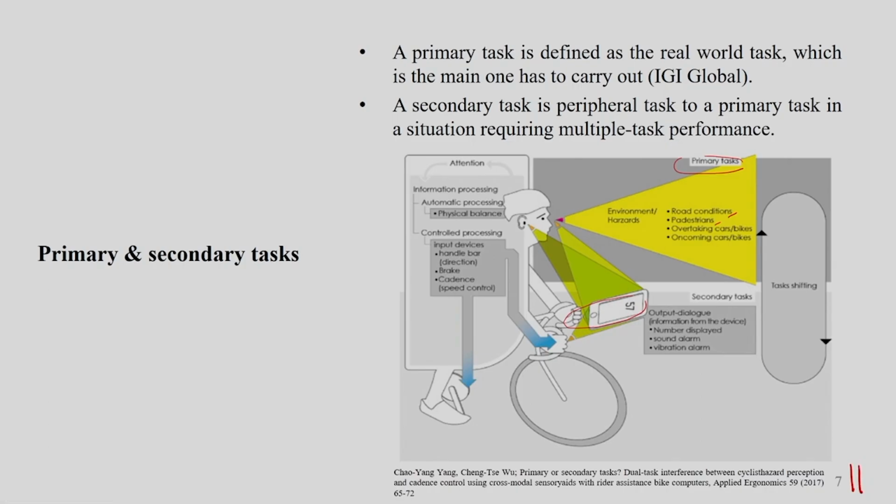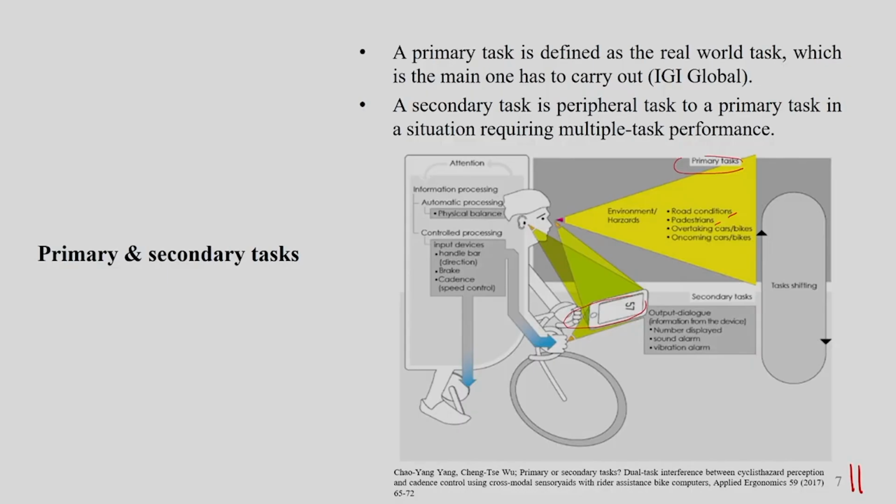So while doing this primary task and secondary task, what attention is required? First, the information will be processed through the automatic processing units. First is physical balance. When you are riding a bicycle you need to balance it physically, and also control the whole process, like handling the handlebar, the brake, and when to pedal.